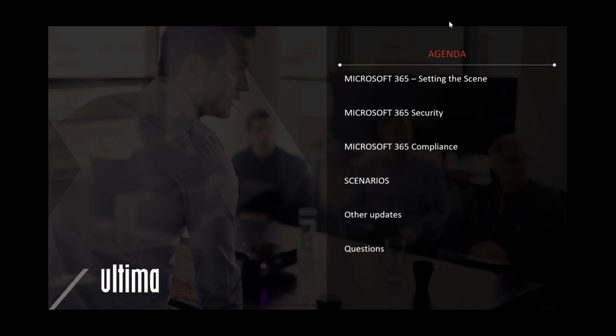So I will start off by setting the scene in regards to Microsoft 365, mainly because a lot of the licensing I'm talking about today has a prerequisite for licensing already purchased by your organization. In regards to your organization already using Exchange Online or Office Online, you're using that Microsoft 365 product suite. We'll then focus in on the security products and then the compliance products and run through some scenarios.